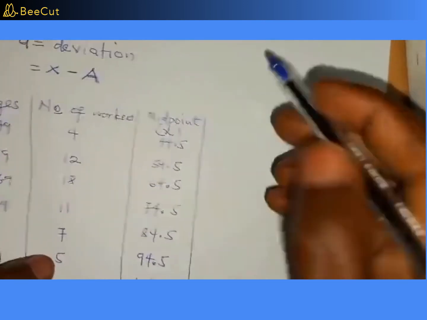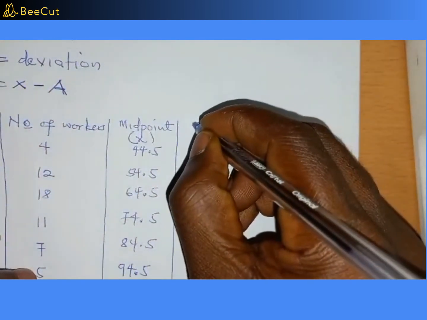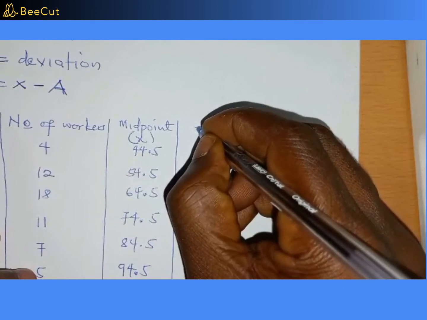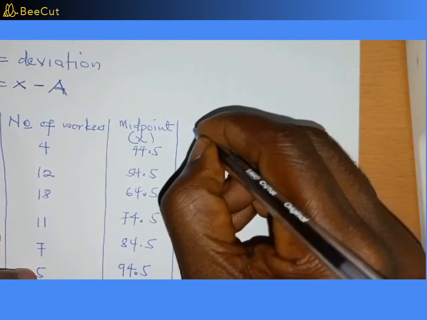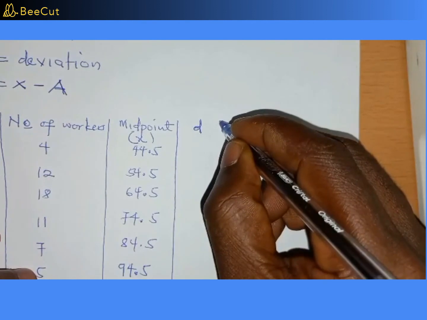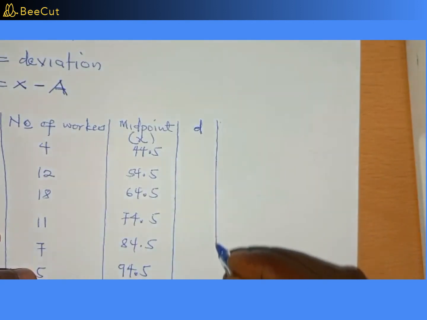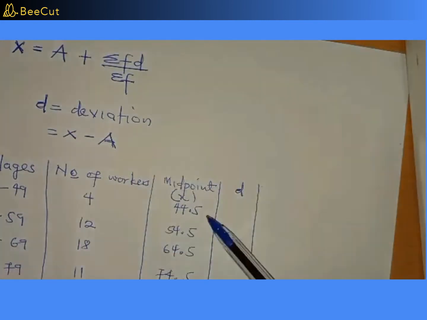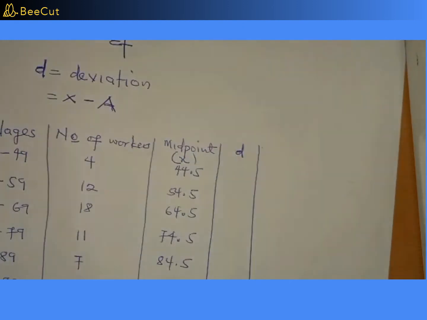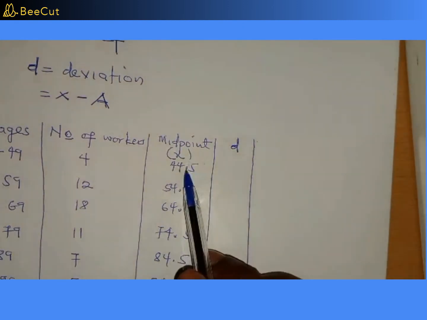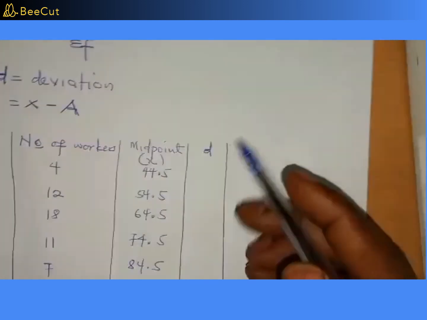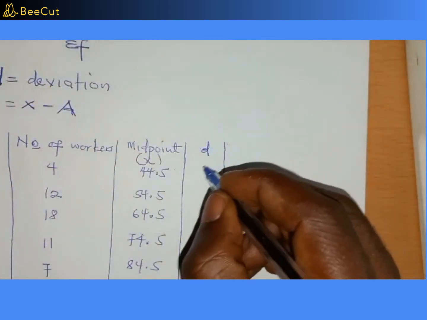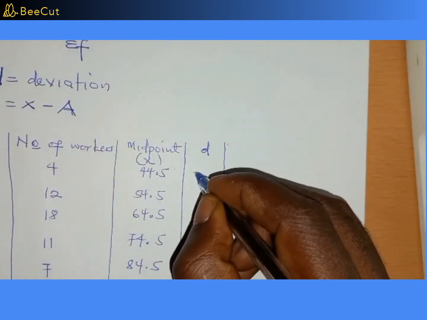So my next table is called the D or the deviation. I know that it is given by x minus a. So when I take x, which is 44.5, I'll subtract 74.5 from the 44.5, and that gives me negative 30.